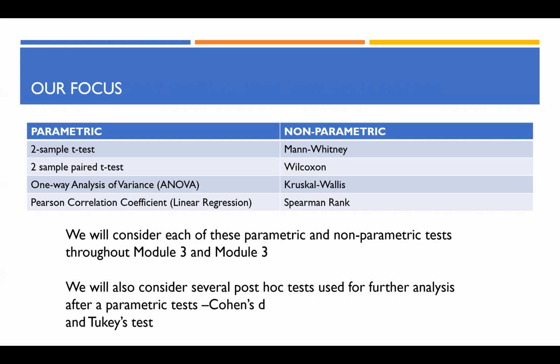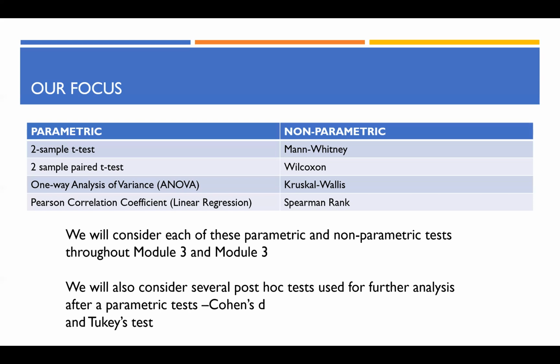You have a 2-sample paired t-test. Its non-parametric equivalent is Wilcoxon. For one-way ANOVA, the equivalent in non-parametric is Kruskal-Wallis. And then for the Pearson correlation coefficient, you have the non-parametric Spearman rank.